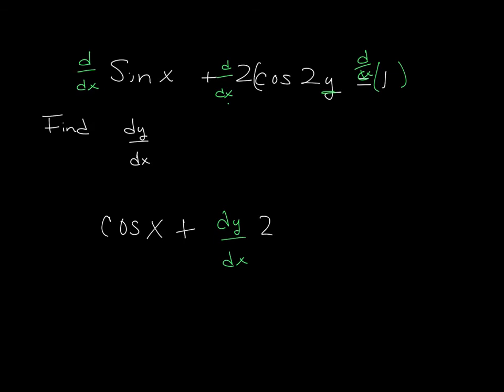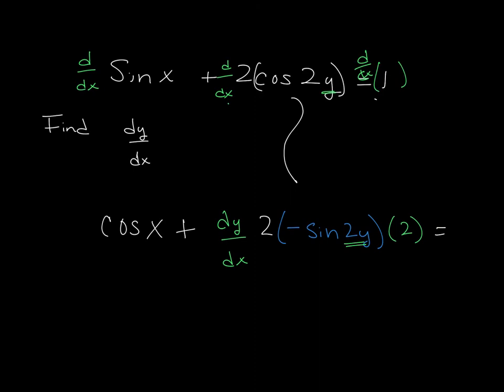Now, I take the derivative of the cosine of 2y. The derivative of the cosine of 2y is just minus the sine of 2y. But remember, this is a case where we have to use the chain rule. So I take the derivative of the inside, which is 2.